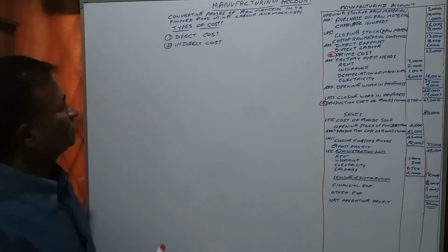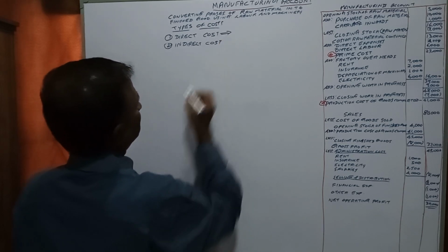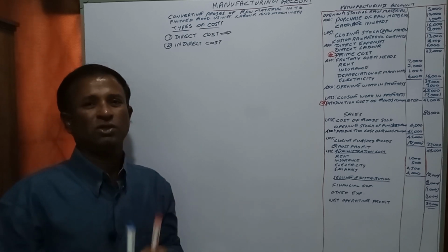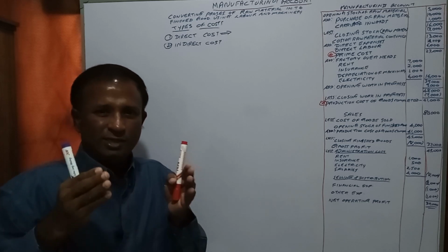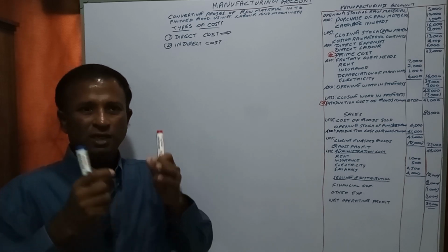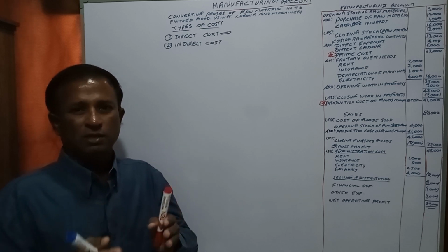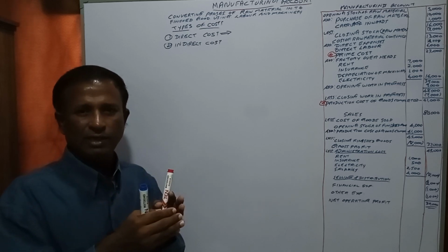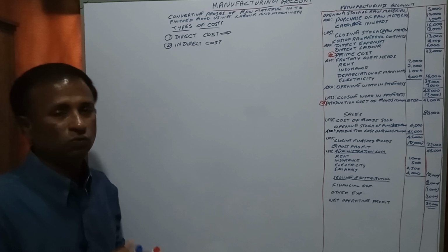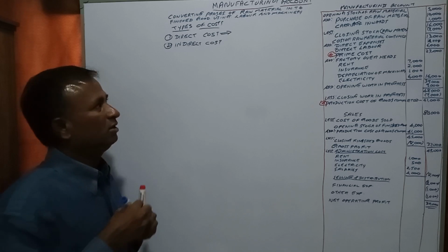What is the direct cost? The cost or expenses that are involved directly in the process of production, in the production of goods. What are the direct costs?